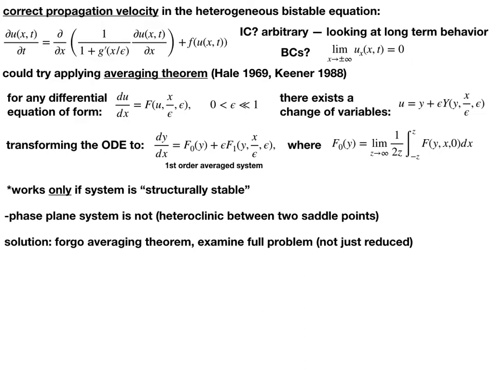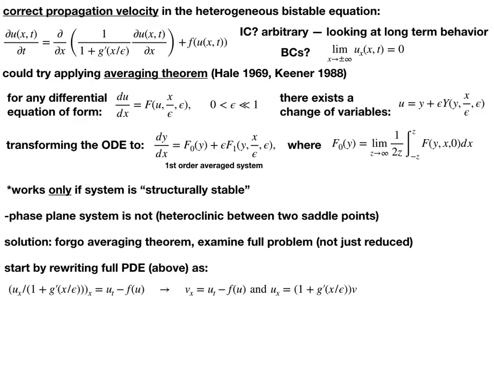So we're going to forego doing this standard averaging approach that I went through with the steady state heat equation, and we'll just examine the full problem, not just this reduced problem that we've written down now.